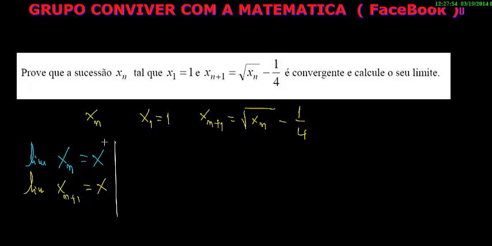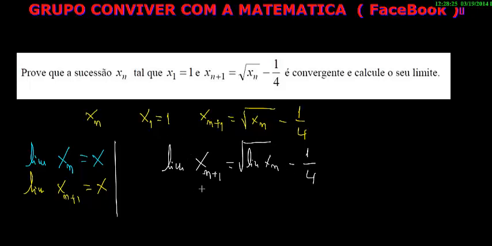If it is like this, the limit of x index n plus 1 equals the limit of a square root. But the limit of a square root is the square root of the limit. So I can write the square root of the limit of x index n minus 1 over 4.